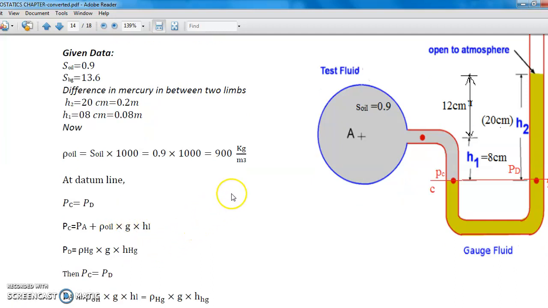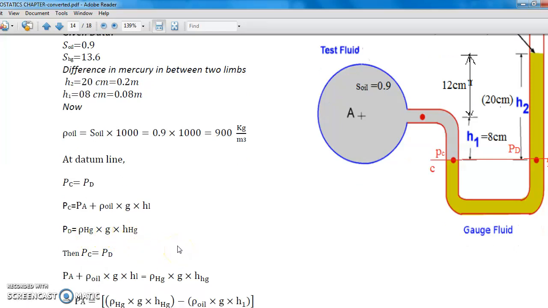Then you have to come to the right side. Right side, here the notation given is PD, and on the right side there is only the difference of mercury level, that is H2. So what is the pressure? Same thing, the density of the mercury into G into H2.